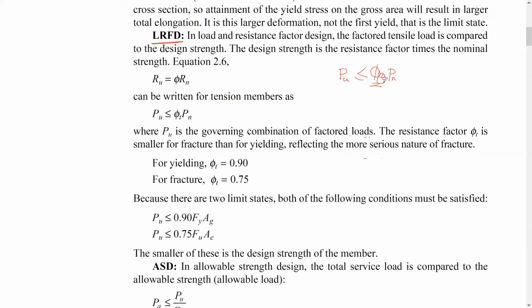T here stands for tension. So here, Pu is supposed to be less than or equal to phi T times the nominal strength. Okay, and here, guys, if you remember, Pu is the governing combination of factored loads.